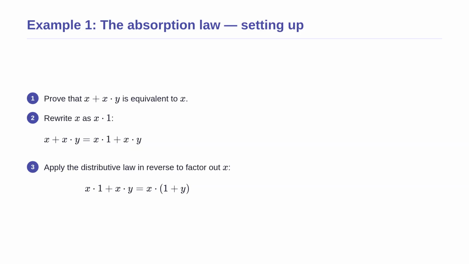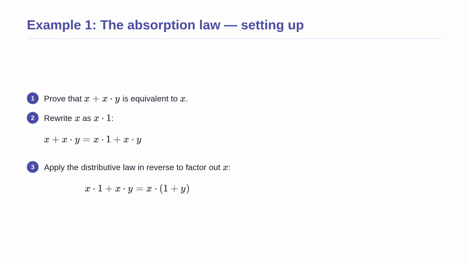Before we move on, let us see this with a concrete example by proving a famous rule called the absorption law. We want to prove that the polynomial x plus x and y is equivalent to the much simpler polynomial x. We will use the fundamental rules of Boolean algebra to transform the left side into the right side.